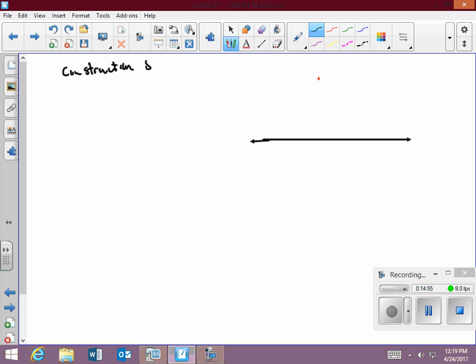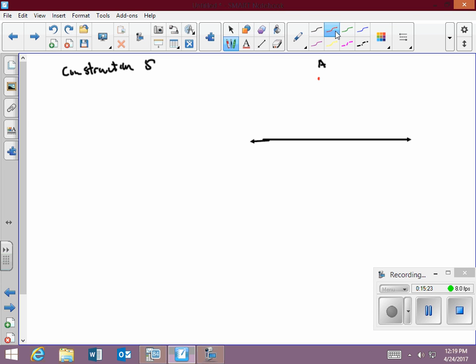Okay. So the way you do this, and this is the point that you want the perpendicular to. You point your compass on A. You make sure your compass is longer than the distance from A to the line.